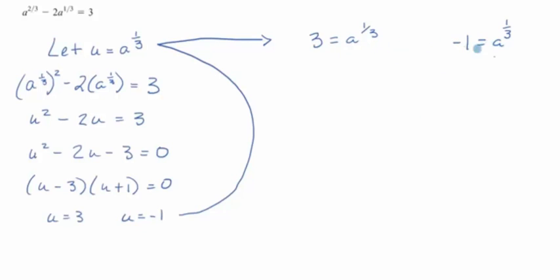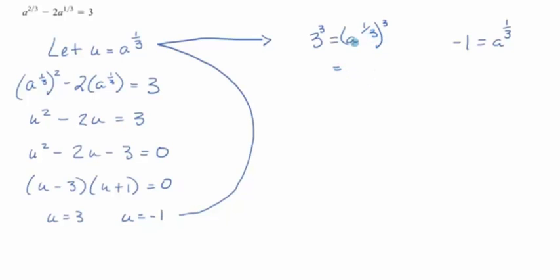Now we need to solve these simpler equations. It looks a little odd. What would you do to figure out what a is? Just think what the rational exponent means. A to the 1/3 means the cube root of a. And if you had the cube root of a equaling something, you would cube both sides. So we do the same thing.